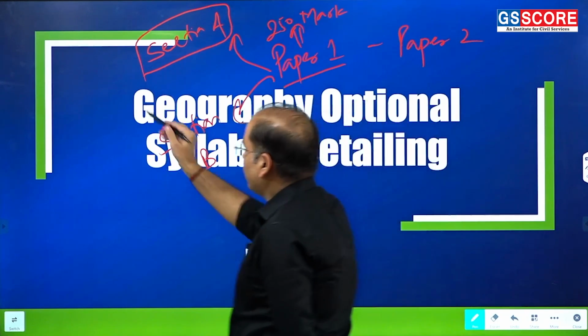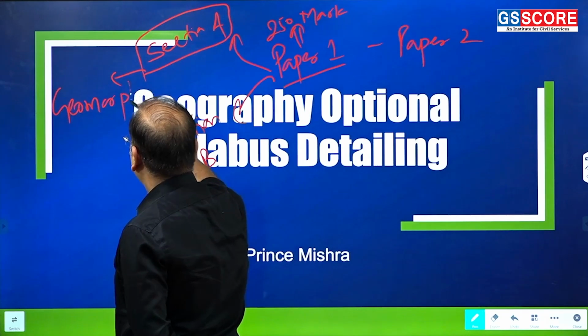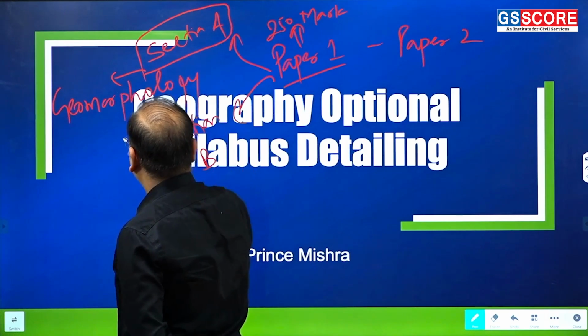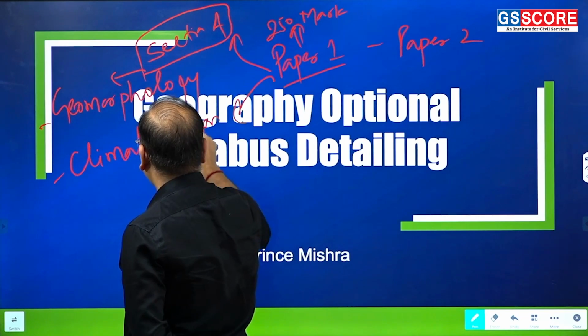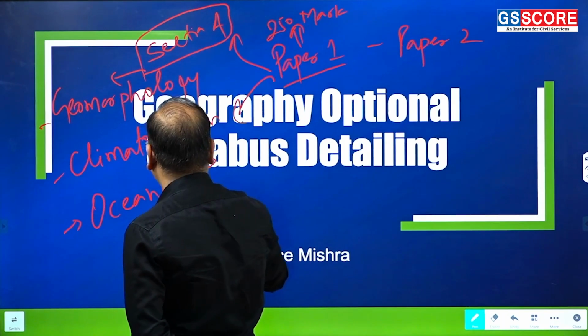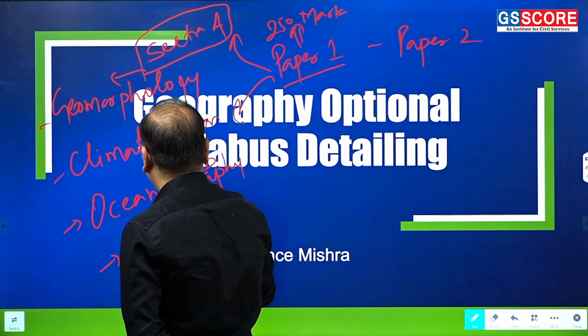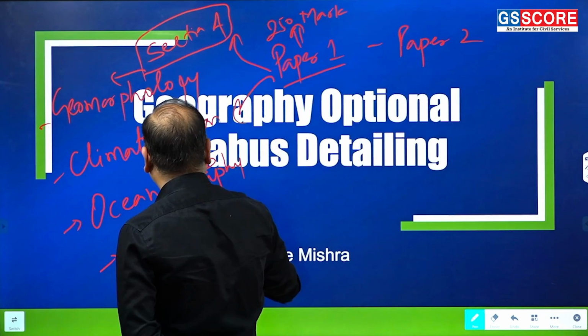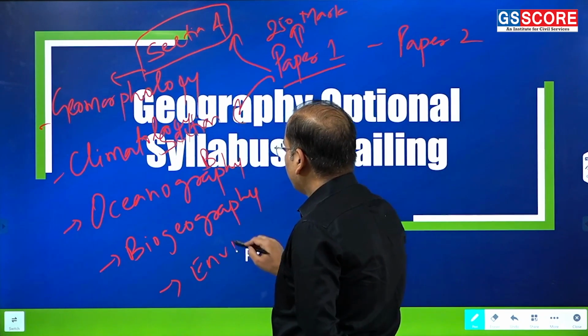In section A we have the chapters of geomorphology, climatology, oceanography, biogeography and environmental geography.